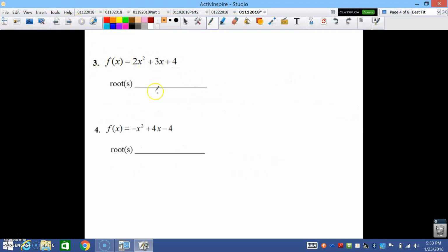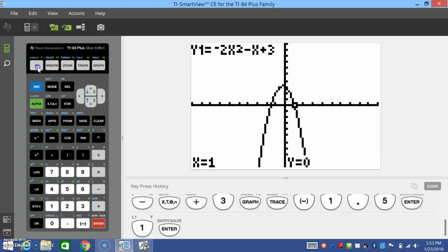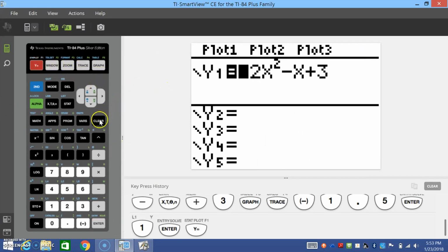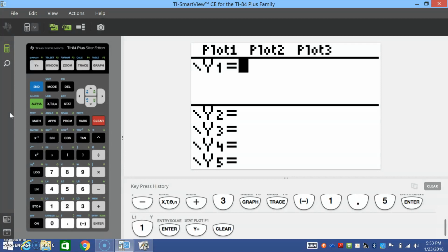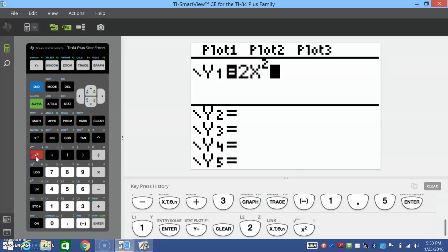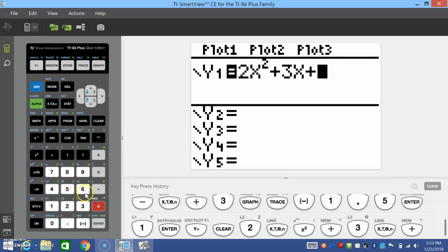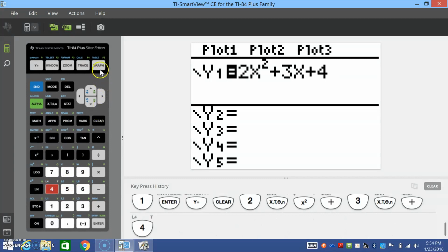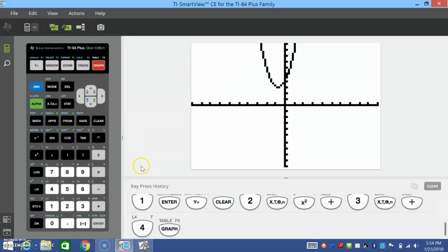Again, let's do number 3. We go to our calculator, clear that, and we have 2x squared plus 3x plus 4. Now we can graph. And it doesn't cross the x-axis.